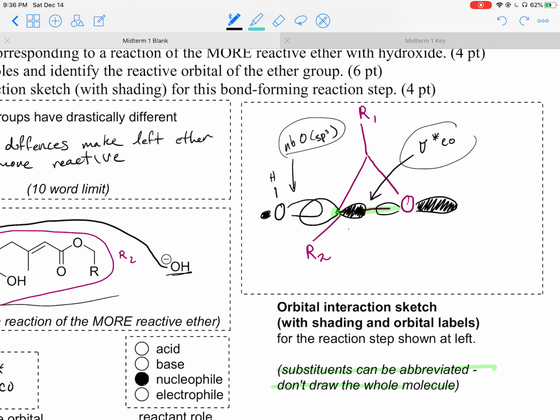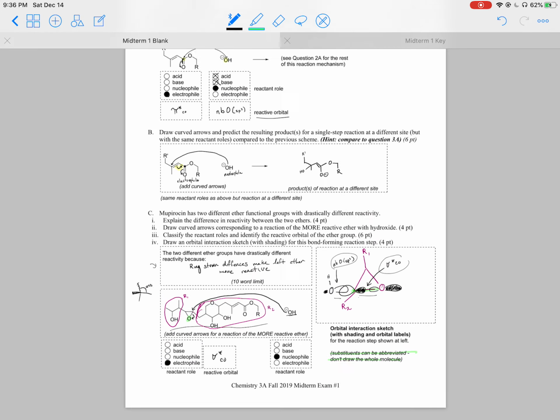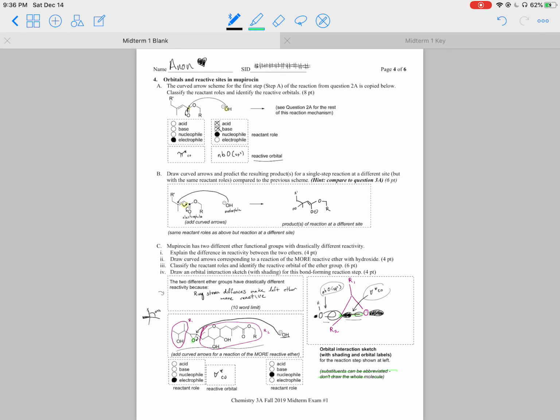And we are showing opposite shading for the breaking one, the sigma star, and we are showing matching shading for the new bond that's forming between the OH and the carbon. So that is page 4 of midterm 1.